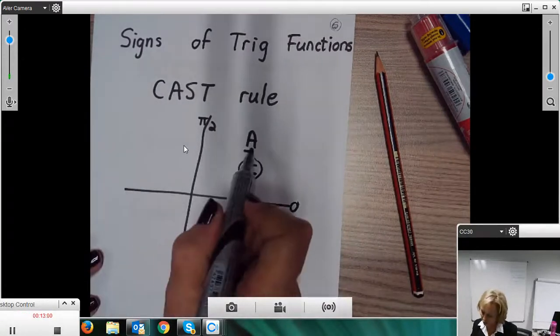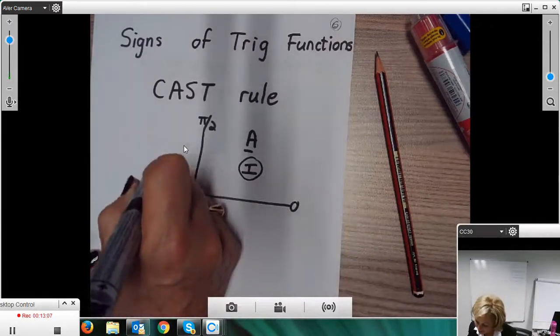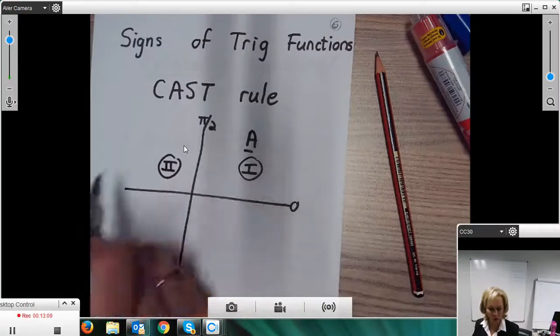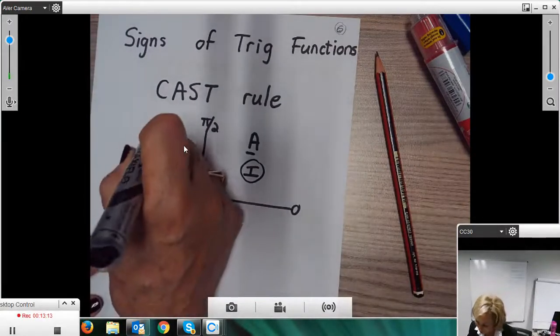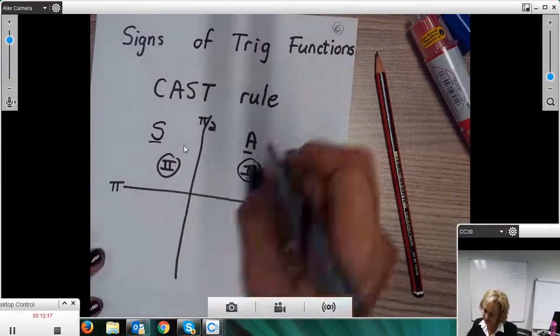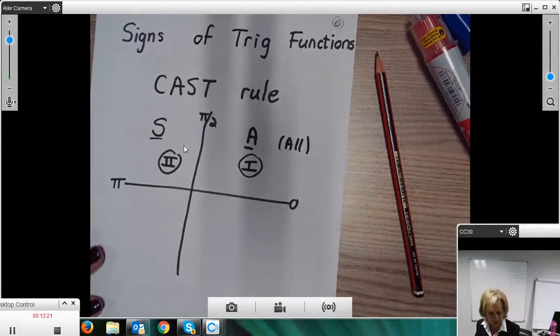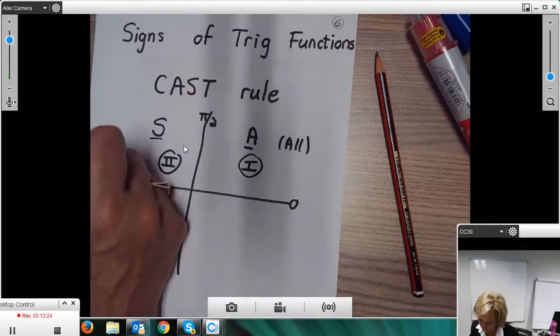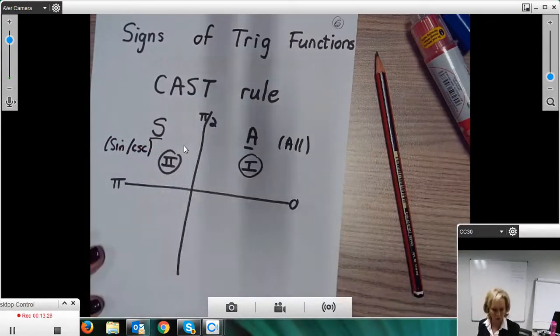So that would be the A in the CAST rule. All the trig functions are positive. In the second quadrant, which is all angles between pi by 2 and pi, we have S. That means that sine and cosec, because if sine is positive, then its reciprocal must also be positive. So sine and cosec are positive.